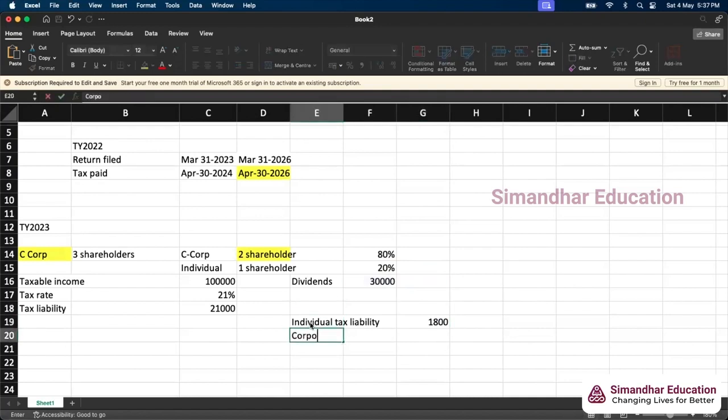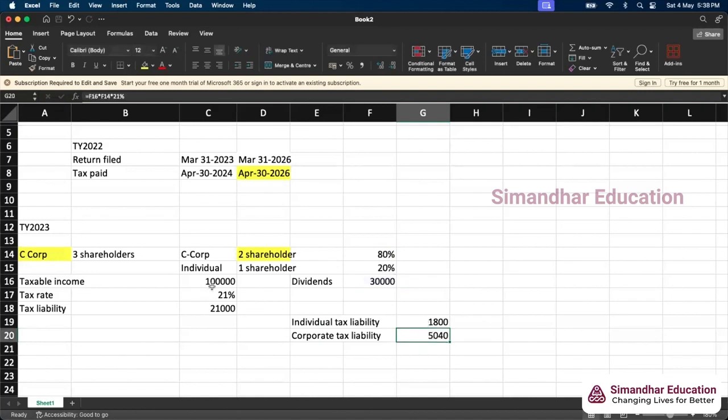Then you would also have a corporate tax liability because these two shareholders that we spoke about, who own 80% of the C Corp, would again be paying tax. So the 30,000 that they receive as income, times your ownership percentage, multiplied by the tax rate, which is 21%, would again be paid to the IRS.